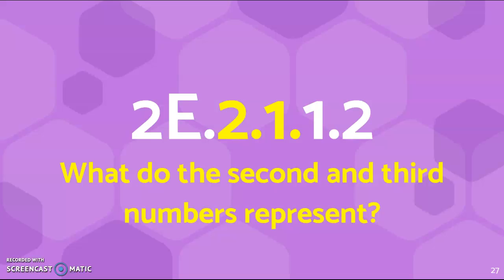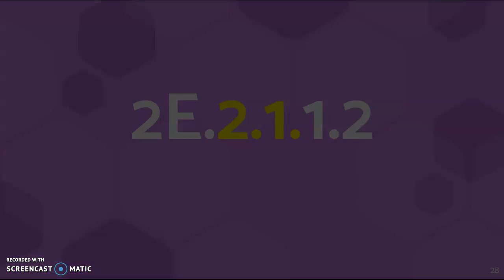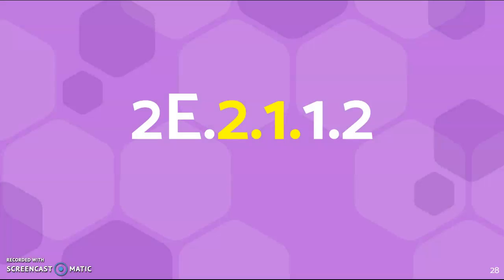My second question, as part of the benchmark, is the middle portion of the code, 2.1. What do the second and third numbers represent? So the question is, what does the 2 represent and what does the 1 represent? So take a moment and think about it.